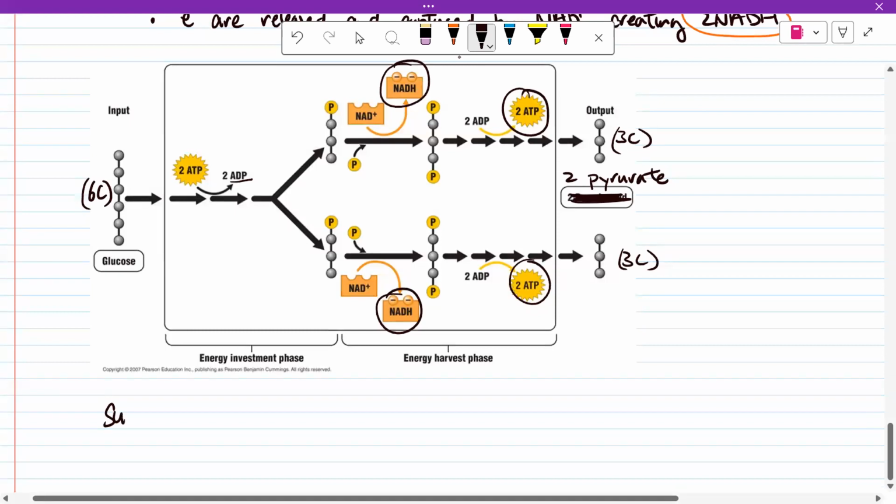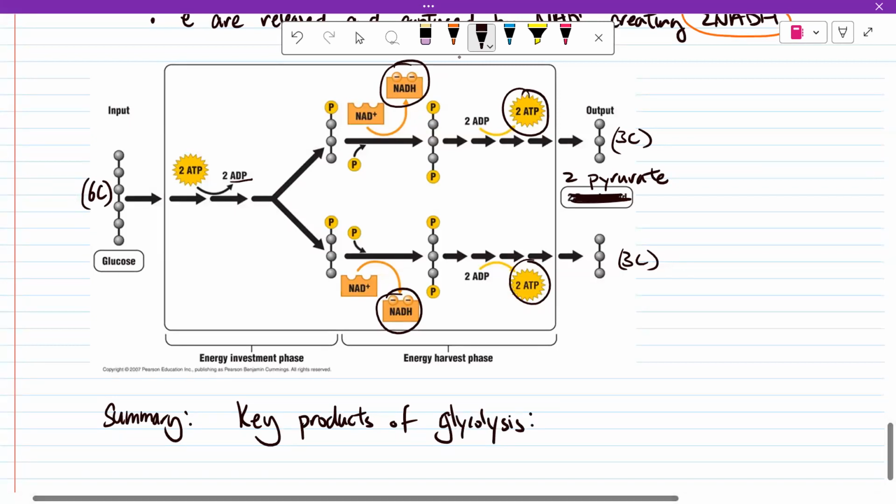So summary. Okay, the key products of glycolysis. Right. How many ATPs did we actually make if we consider like the ones that we've used up? 2. That's right. So there are 2 net ATP.